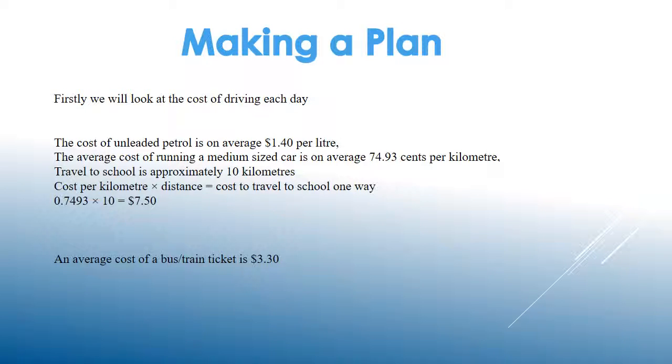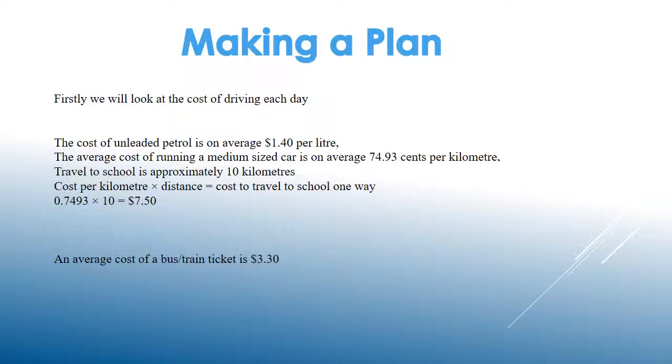We have made our cents per kilometre into dollar figures. So 0.7493 times that by 10, how far we're travelling, equals 7.493. But as we are using Australian dollars, we need to round this to the nearest cent. So therefore it will be $7.50 to travel to school.